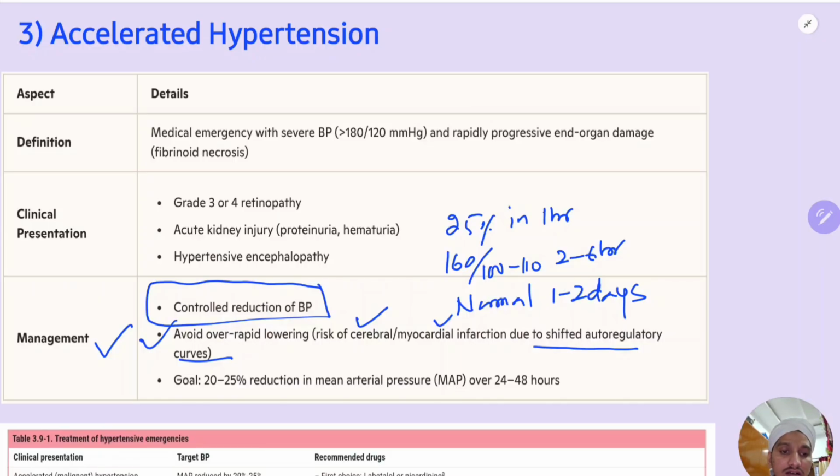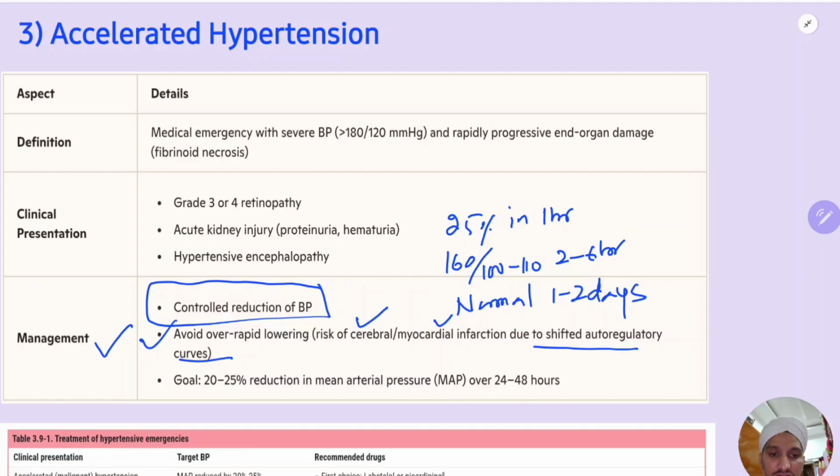And how does it protect? It causes vasoconstriction in response to increased BP, and vasodilation in response to decreased BP, in the head and in cardiac vessels. But when the curve is shifted upward, it will consider 160 as increased BP and less than 160 as decreased BP. So what will happen if you suddenly decrease the BP?